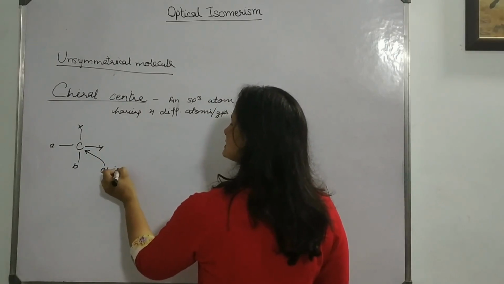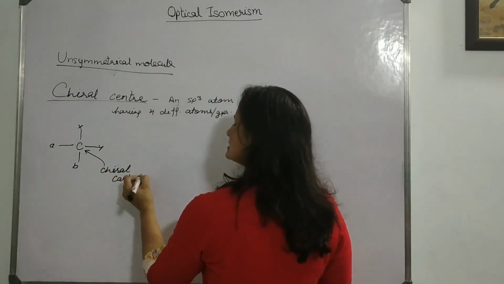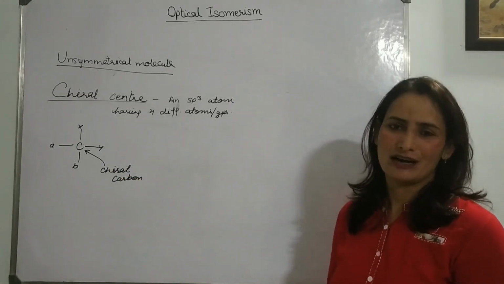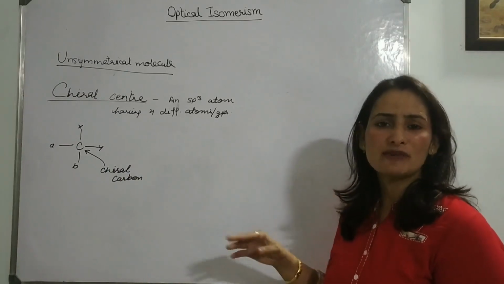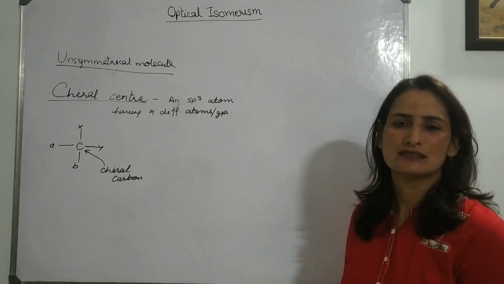But it is not essential that carbon will always be the chiral center. Your chiral center may or may not be carbon. Generally, along with carbon, we find nitrogen. Tertiary nitrogen is also a chiral center.